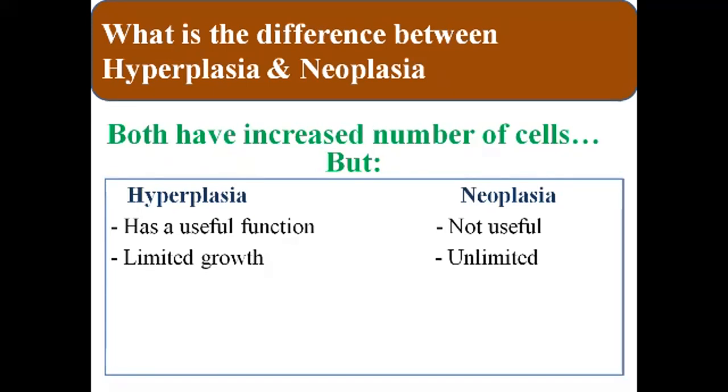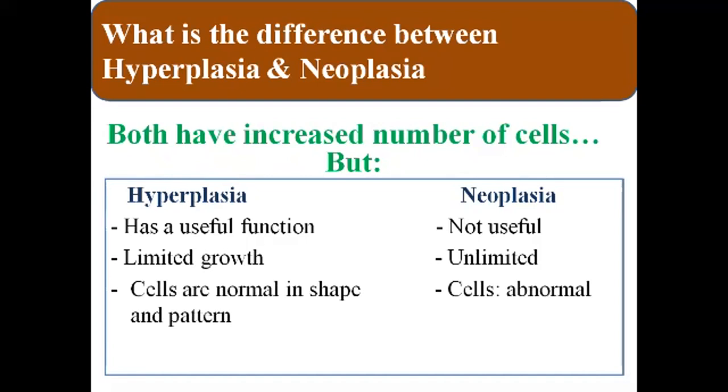And by the way, if the changed environment that caused the hyperplasia reverted back to normal, hyperplasia will revert also to normal. This is some form of controlled cell growth. However, neoplasia is unlimited growth. Cells just continue to divide without a dead end, okay?